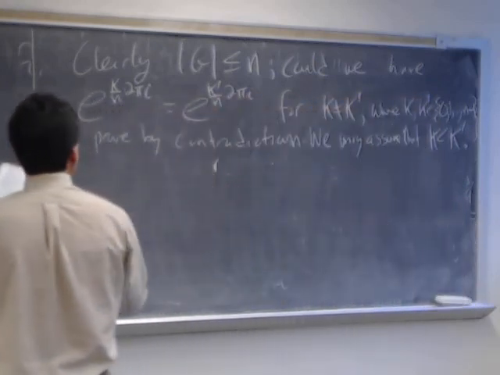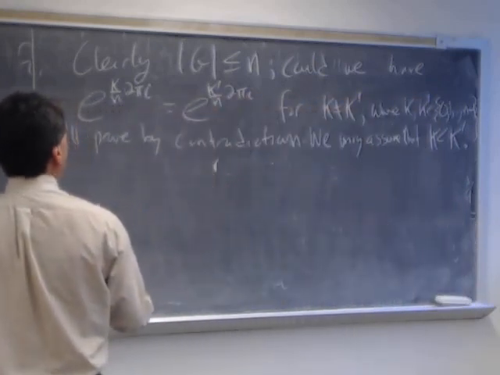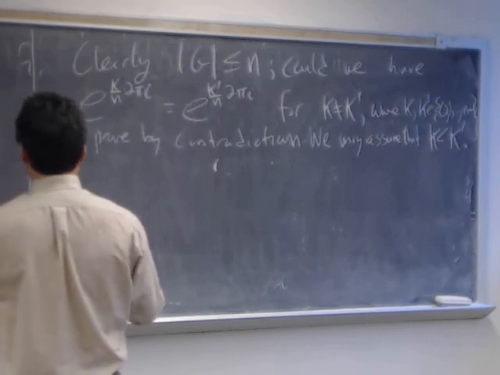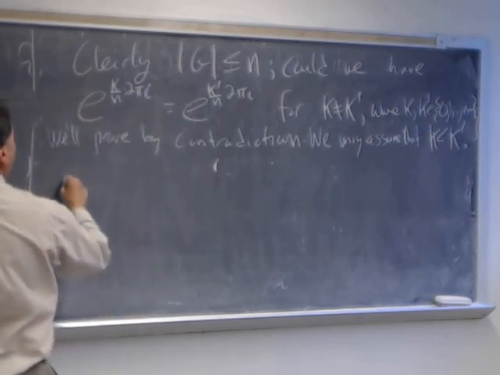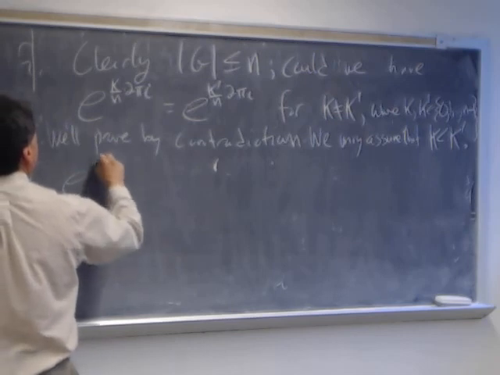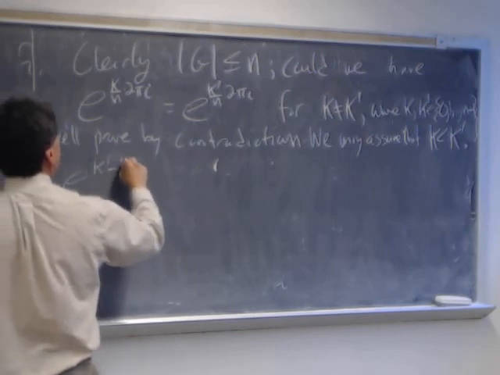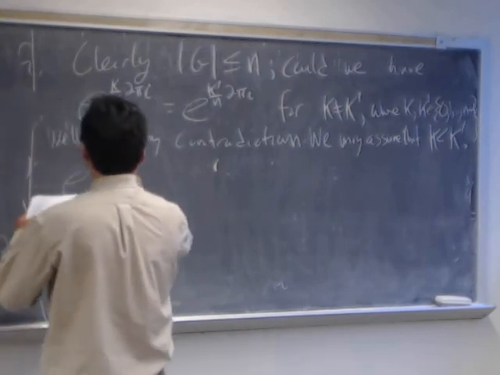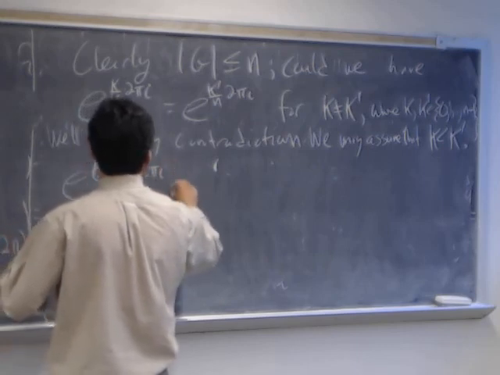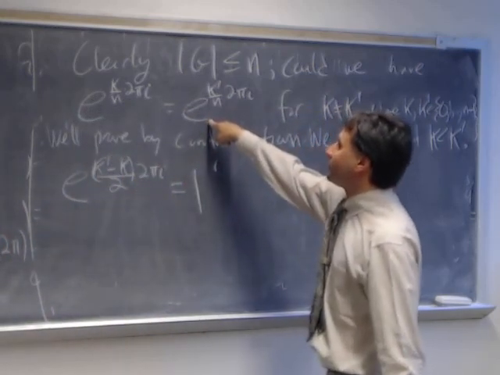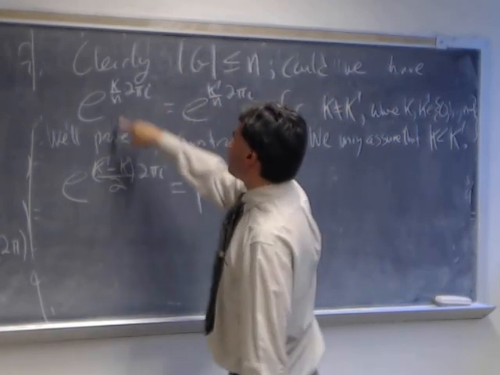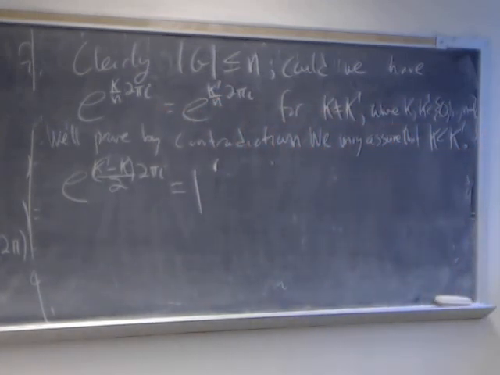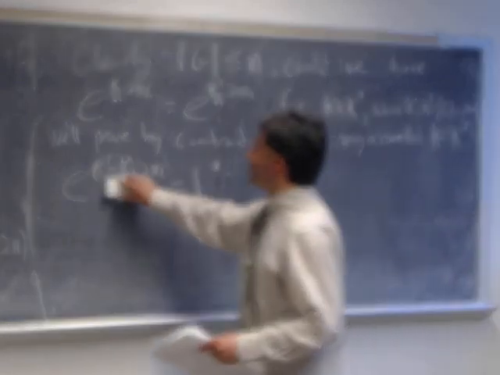So we have this equation. Since K is not equal to K prime, this equation implies, if we divide, that e to the K minus K prime over n times 2 pi i has to equal 1. Just divide by these exponents, so you subtract those exponents, with a common term of 2 pi i, and that's over n.